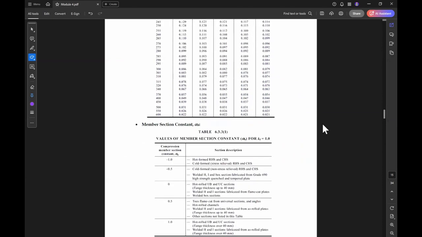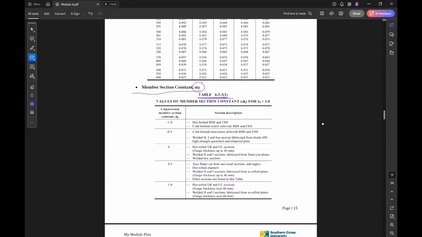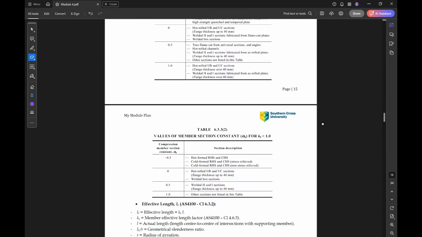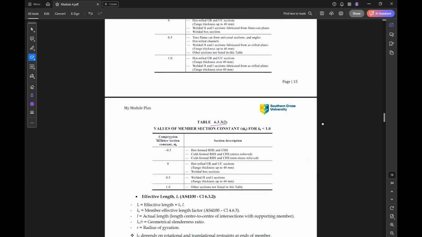And this is here the alpha b table. So let's have a look at alpha b. Values of member section constant alpha b for kf equal to 1. And the other table is for kf less than 1.